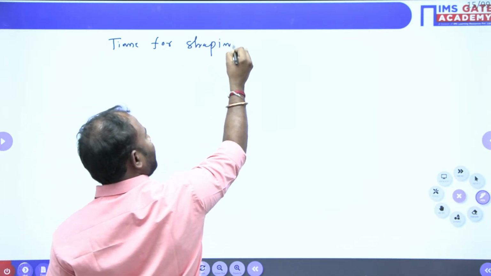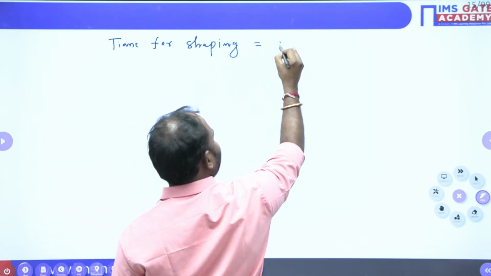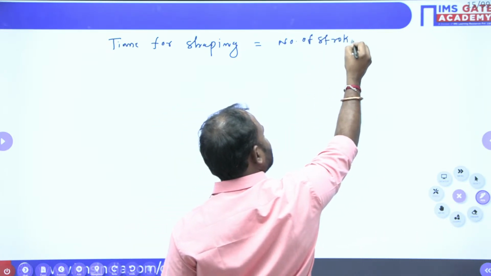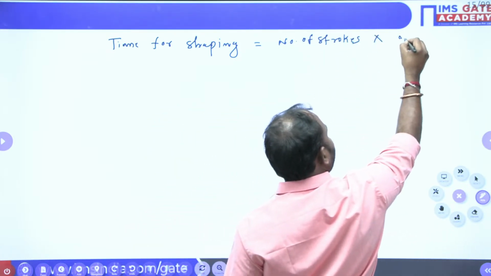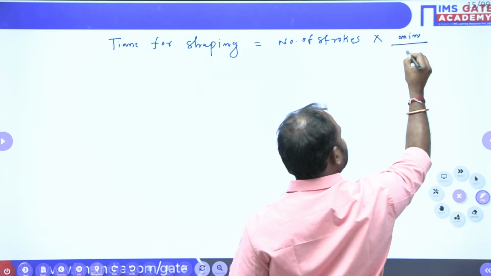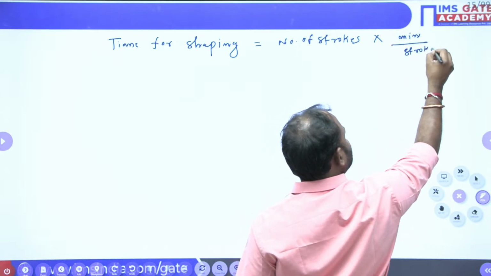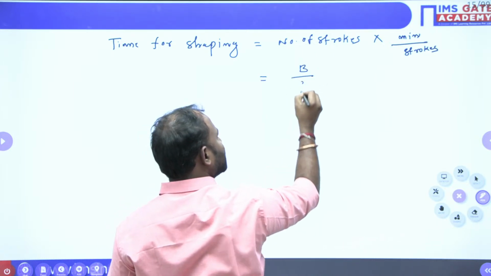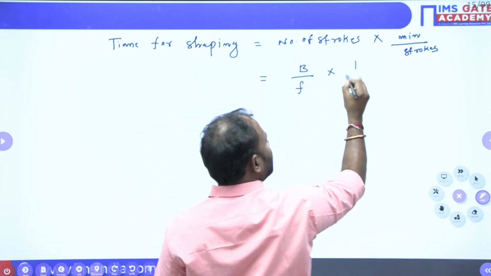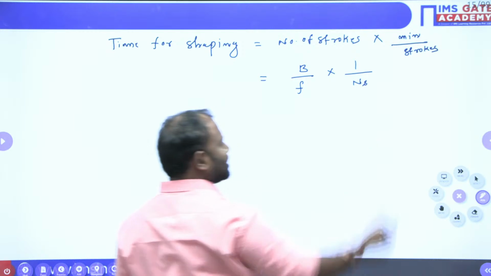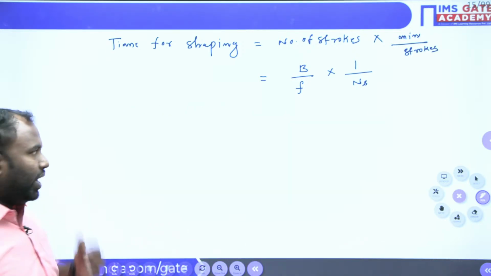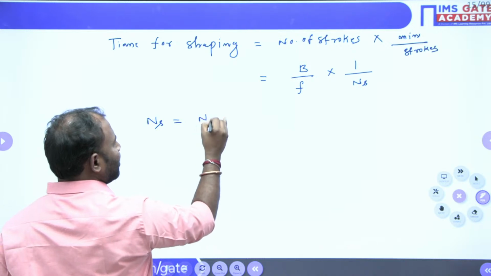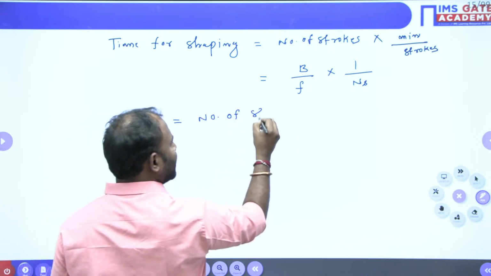Time for shaping is equal to the number of strokes into minutes per stroke. The number of strokes we can calculate as the width of the workpiece divided by F, into 1/ns, where ns is the number of strokes per minute.